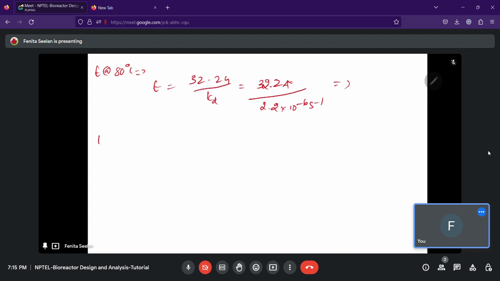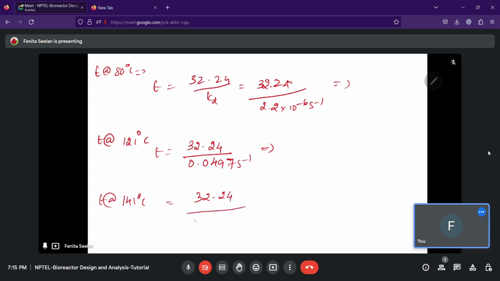Time at 121 degrees Celsius is 32.24 divided by 2.027 per second. Time at 141 degrees Celsius is equal to 32.24 divided by 2.63 per second. So please calculate.